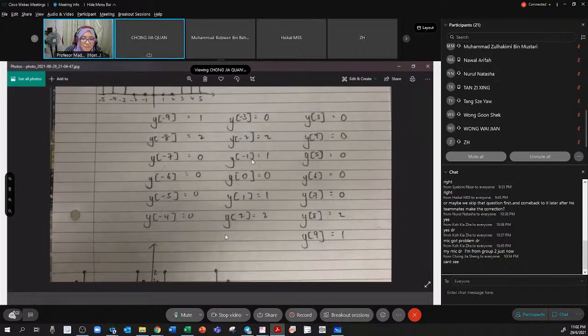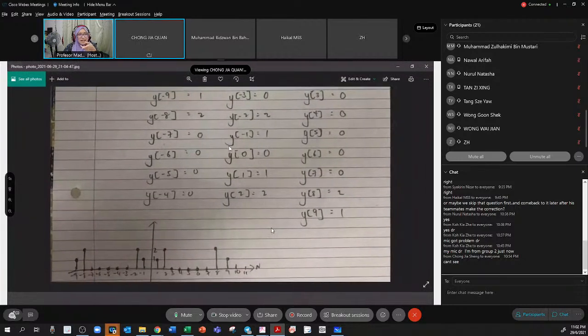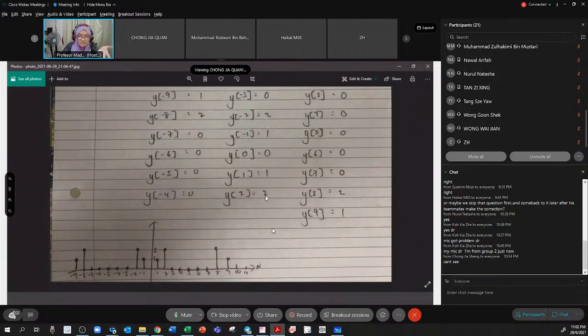I did not draw the table. Basically, I think just now Haikal or Hakimi did the full table. Okay, it's possible to do it like that. But if you answer like this, if it's correct, then you get full marks. But if it's not correct, then unfortunately you directly get 0 marks, because there are no points. But anyway, the final answer is correct. I looked at the final graph only, and it's correct.